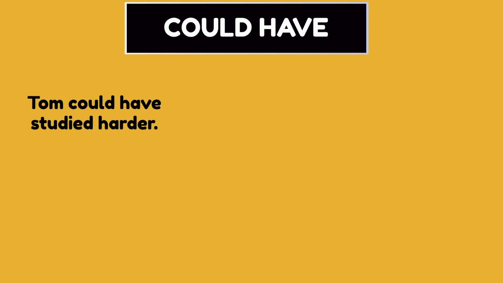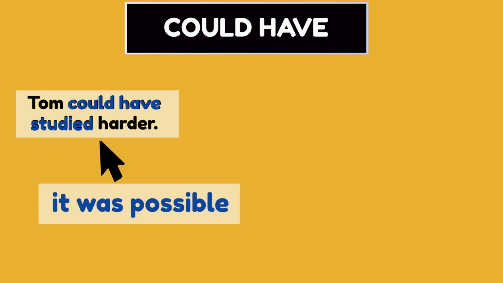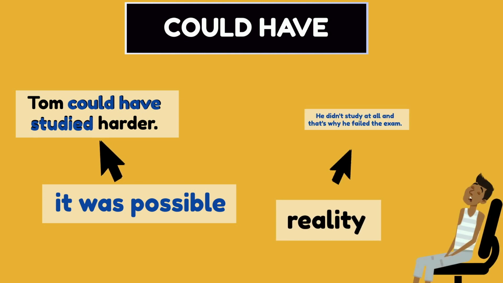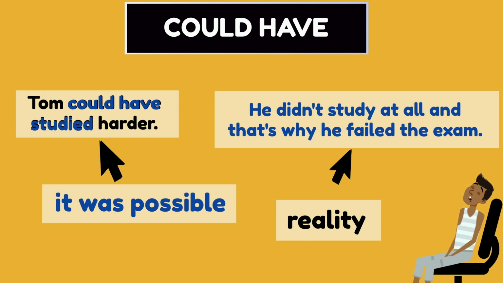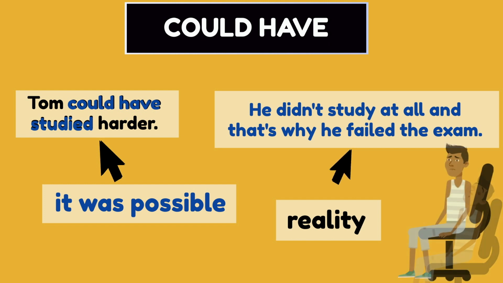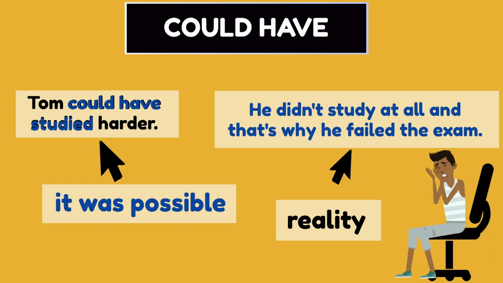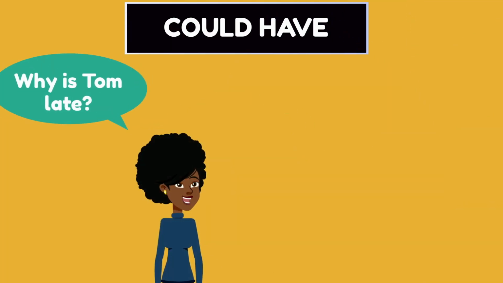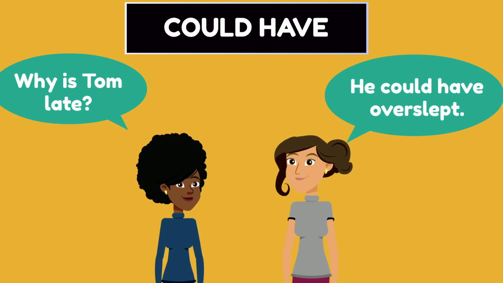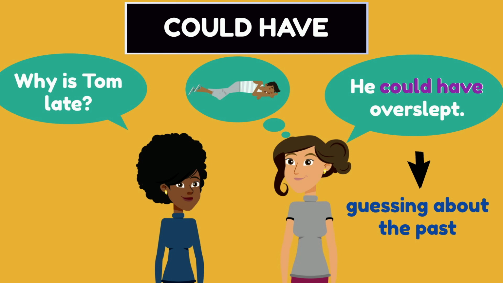Tom could have studied harder. It was possible. But did he study? No, not at all. In reality, he didn't study at all, and that's why he failed the exam. Why is Tom late? He could have overslept. Now in this case, I'm using could have to make a guess about something that happened in the past.